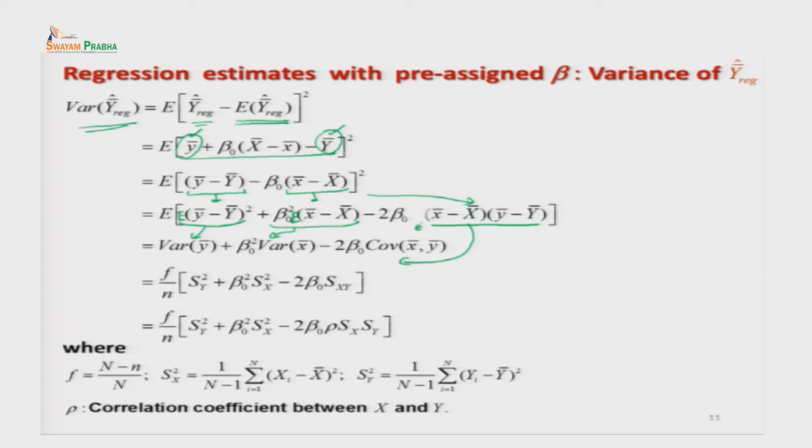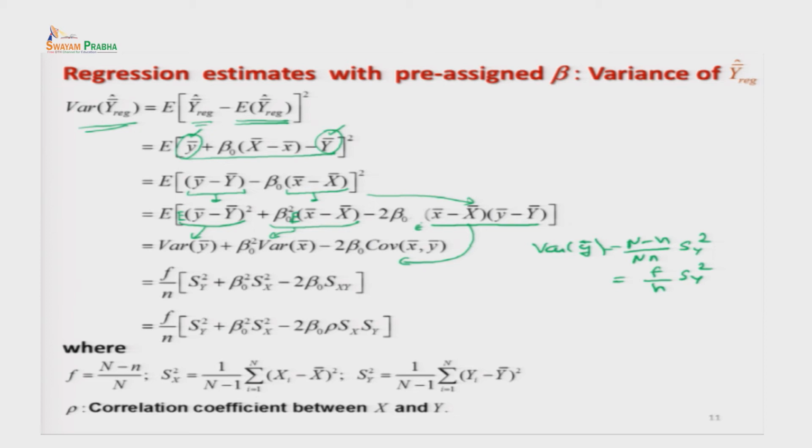Now you know all these values because you are trying to draw the sample by SRS WOR. So this variance of Y bar will become (N minus n) upon capital N small n times SY square, which I can write as small f upon n SY square.